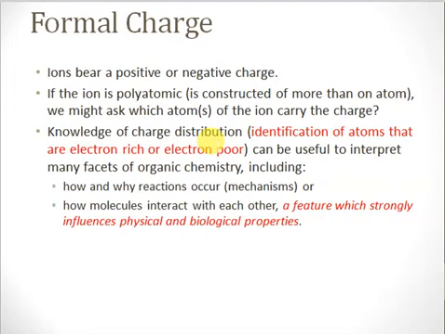So this concept of electronic distribution is very important in order to interpret many facts of organic chemistry, including how and why reactions occur. This study of how and why reactions occur is known as the mechanism.